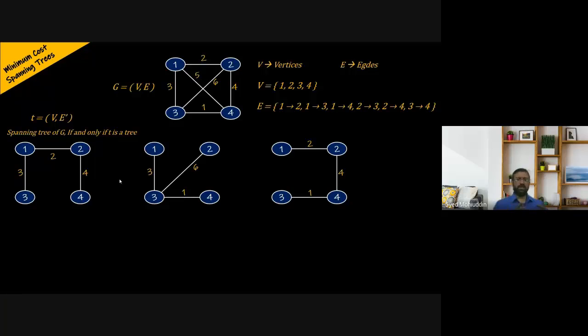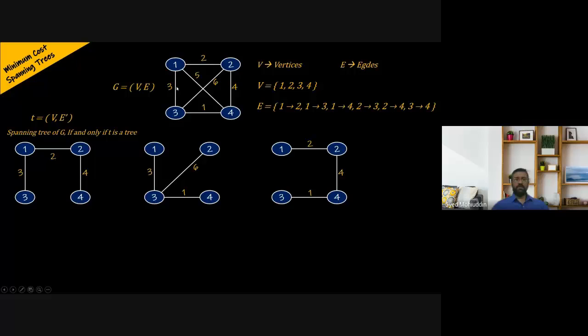So basically, edges will have some weight. So here we are talking about a weighted undirected graph. There is no orientation for edges. It's a weighted undirected graph which is connected, so we are talking about a weighted connected undirected graph.